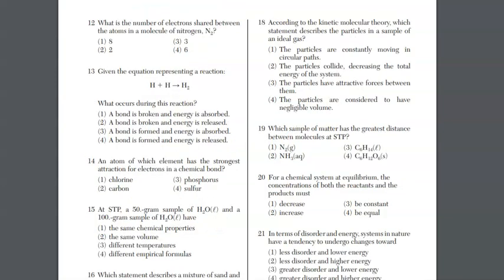Moving on to question 18. It says, according to kinetic molecular theory, which statement describes particles in a sample of an ideal gas? No actual gas is an ideal gas, but we call them ideal gases because then we use the gas law calculations, which are an oversimplification of calculations, but it works fairly well.